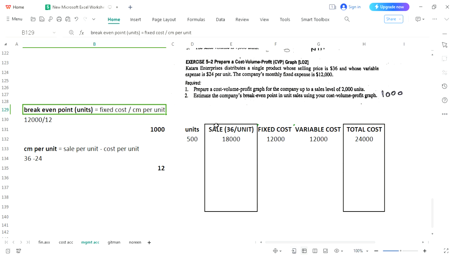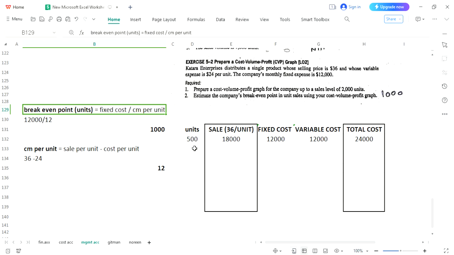This highlighted area is your revenue, and this highlighted area is cost. You will be choosing those number of units with which your revenue, means this part, would be equal to this part. Right now your sale is 18,000 and cost is 24,000, which is unfavorable. We are on a target where your sale price exactly equalizes to your total cost.